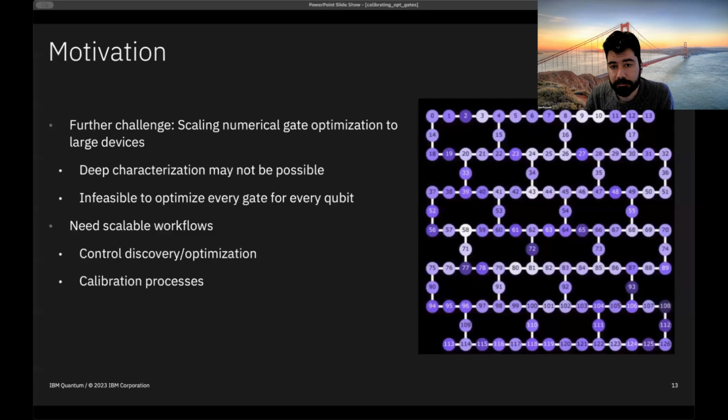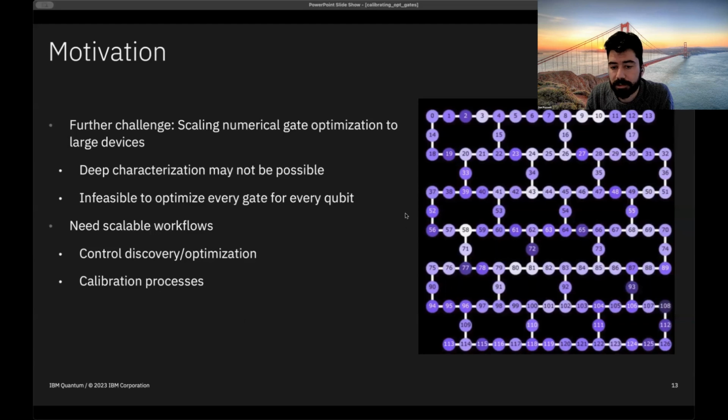So what we really need, if we want to apply these techniques realistically on large devices, is scalable workflows, both for control discovery and optimization, which is coming up with the shapes you want to use, and also for the calibration processes.